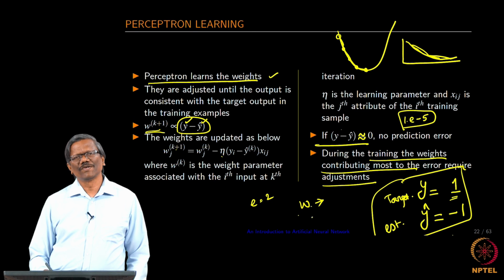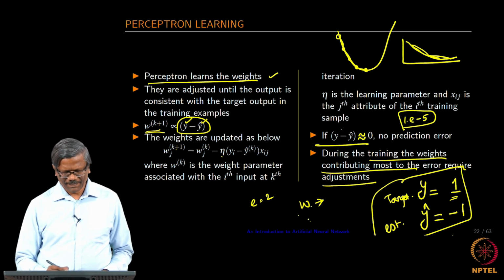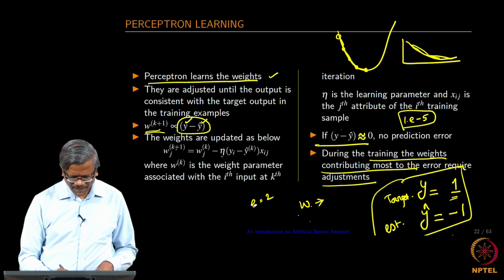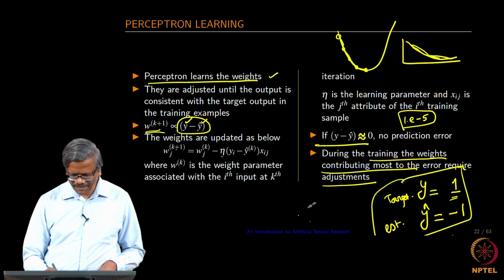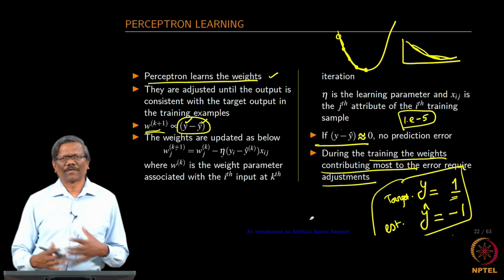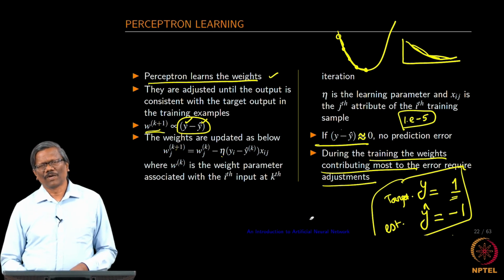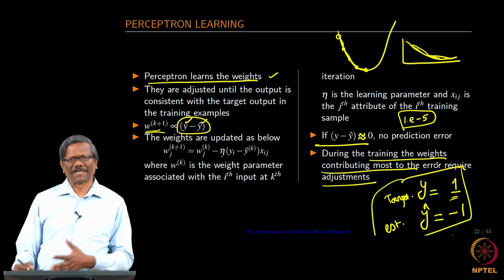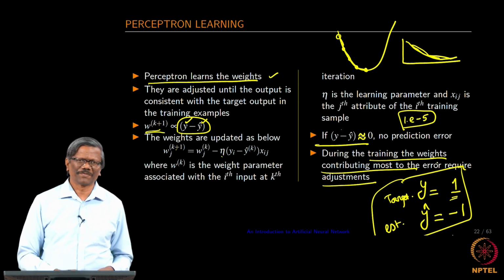So, in which direction do you update the weights? Okay, this is a question for you. I would like you to refer to some books and figure out what could be the adjustment that you want to make. We know that we need to make some adjustment, but what kind of adjustment?